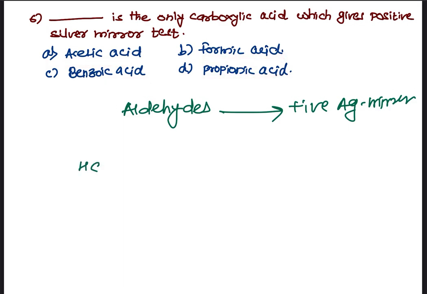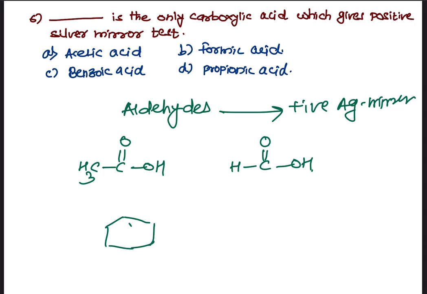Structure of acetic acid, formic acid, benzoic acid, and propionic acid: CH3, CH2, C double bond O, OH.